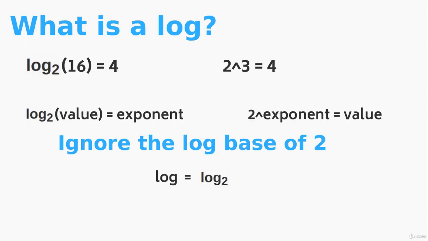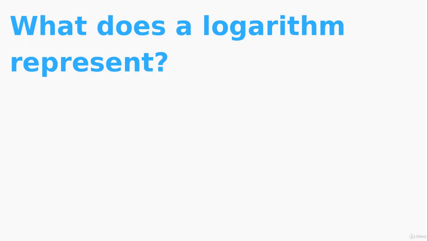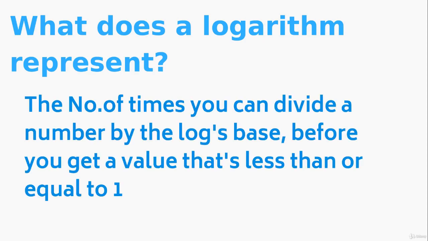But what does a logarithm actually represent? What is it that we just saw, this 2 to the power of exponent equal value? Well, a logarithm, put in English, is simply the number of times that you can divide some number by the log base before you get a value that's less than or equal to 1. Let's get back to our example with 16. Basically, we're asking ourselves: how many operations of division by 2, which was the base of our log, are we going to do on our value, 16, before we reach the number 1?